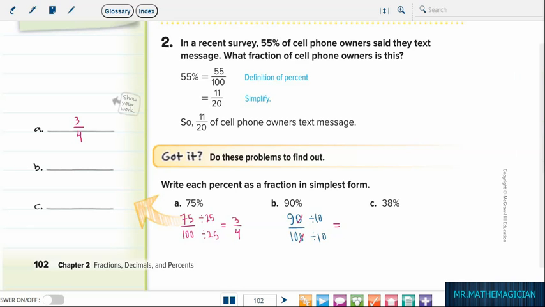So this will give you 9 over 10. 38% will be 38 over 100. Divide by 2 up, divide by 2 down, and this will be 19 over 50. Now let's move on.